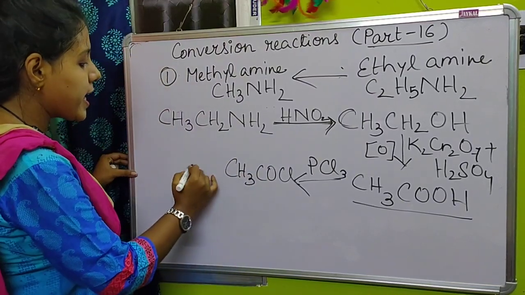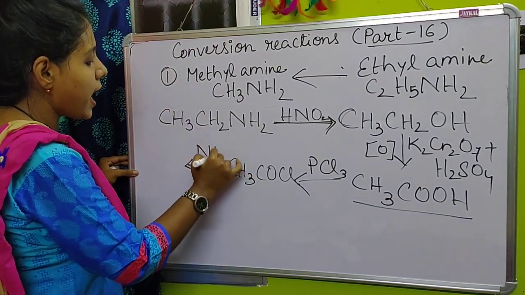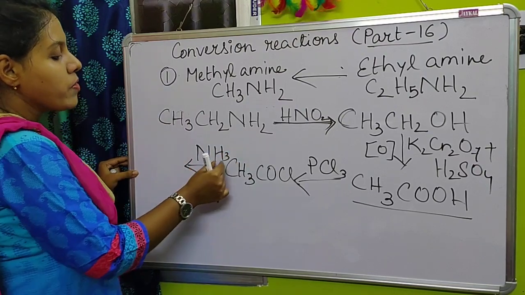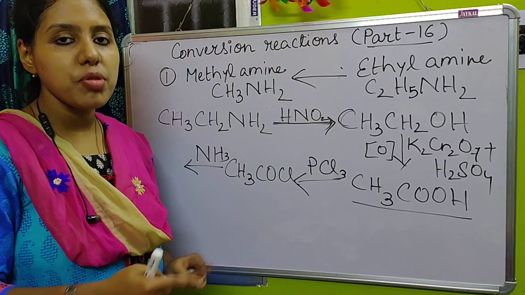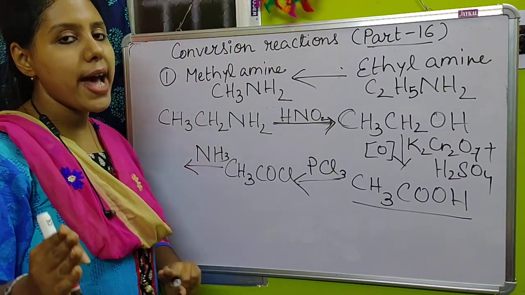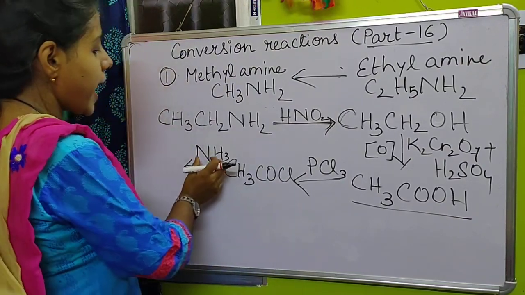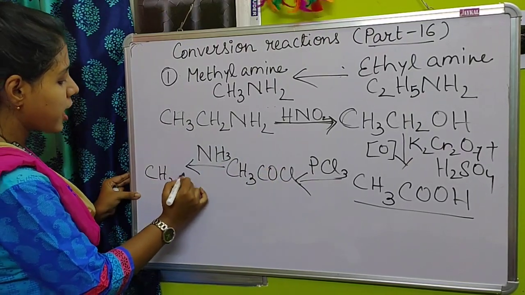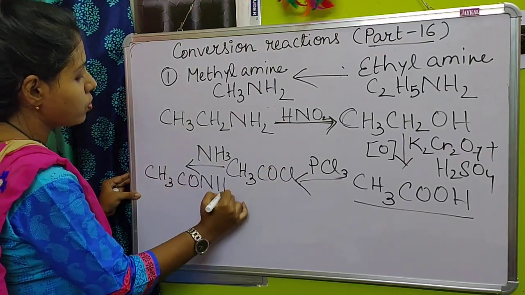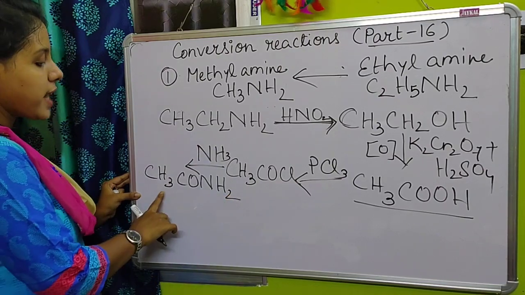Now you add NH3, ammonia. One hydrogen from NH3 and one chlorine from CH3COCl will be removed as HCl, and the NH2 group will be added here, making acetamide, CH3CONH2.